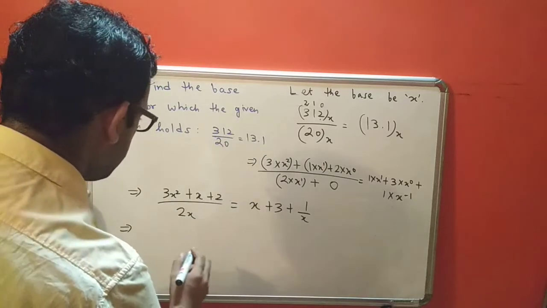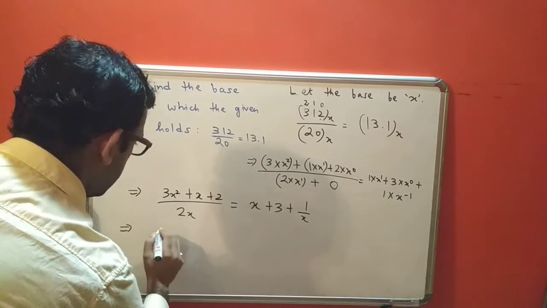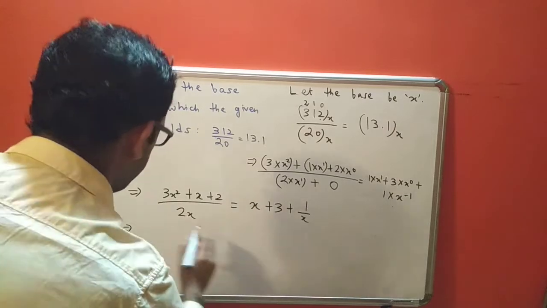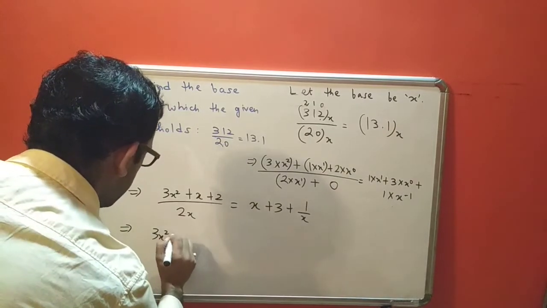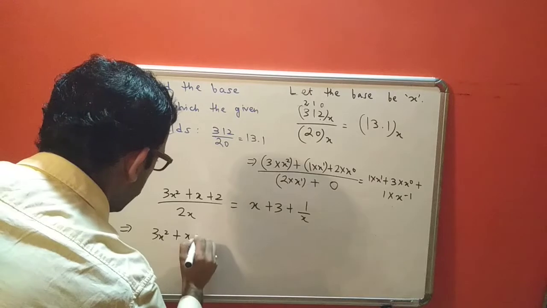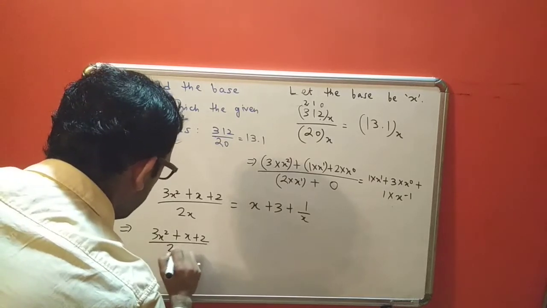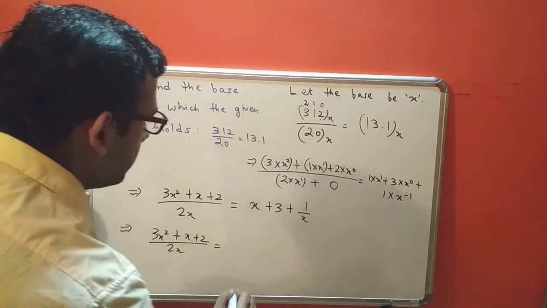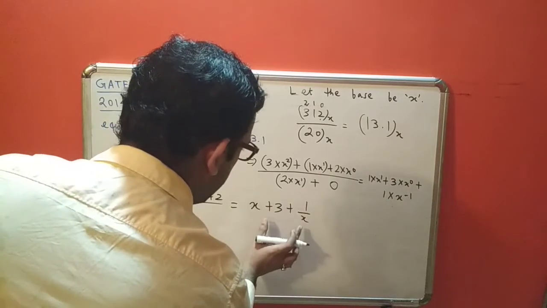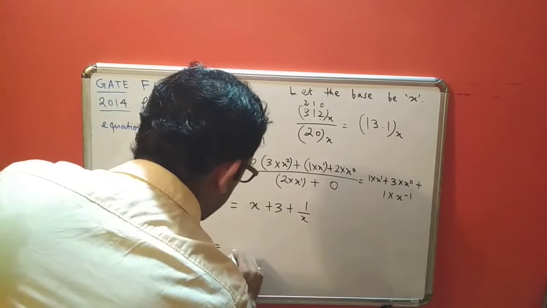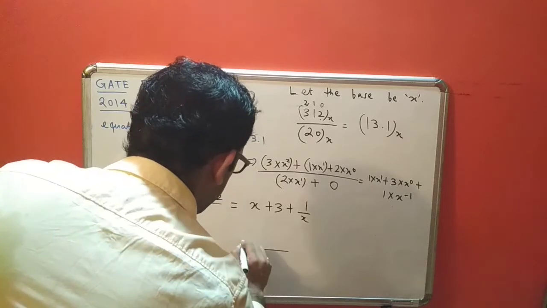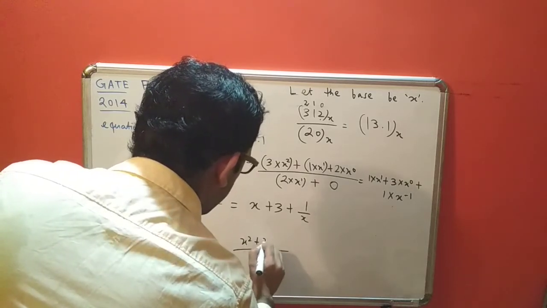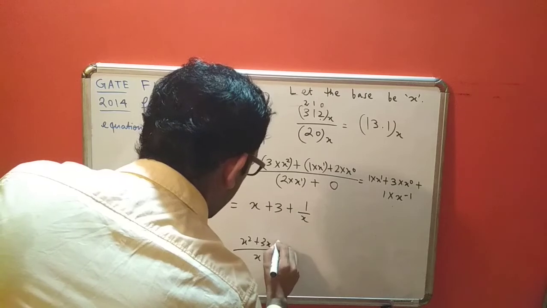Now if I simplify this part, I get 3x squared plus x plus 2 divided by 2x. If I take the LCM on the other side, I'll get x here. So x multiplied by x will give me x squared, here I get 3x, and here I'll get 1.